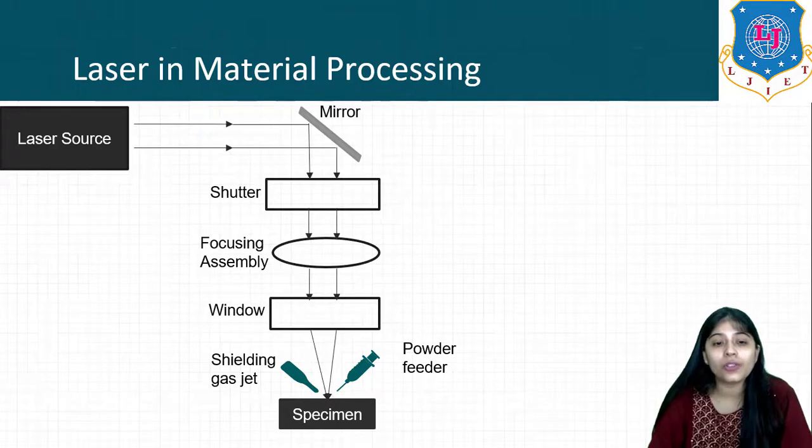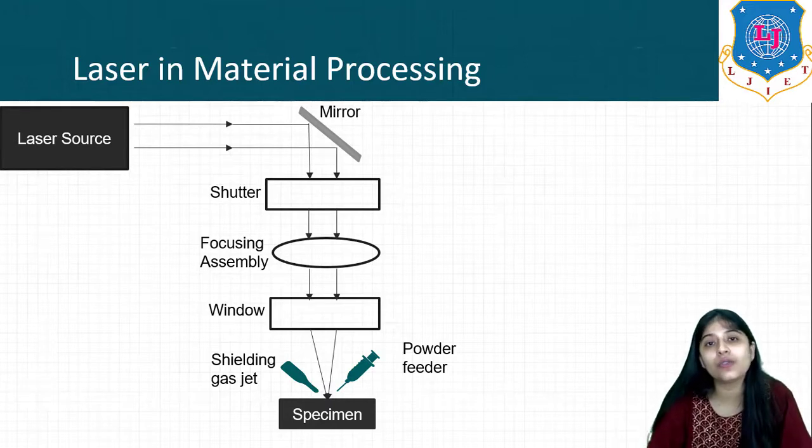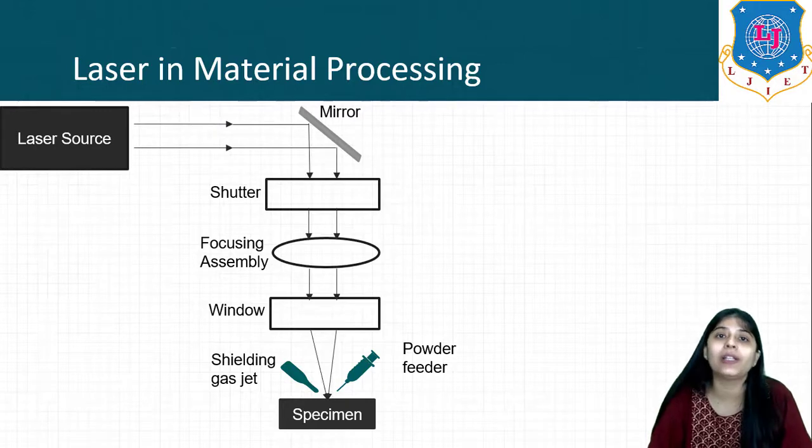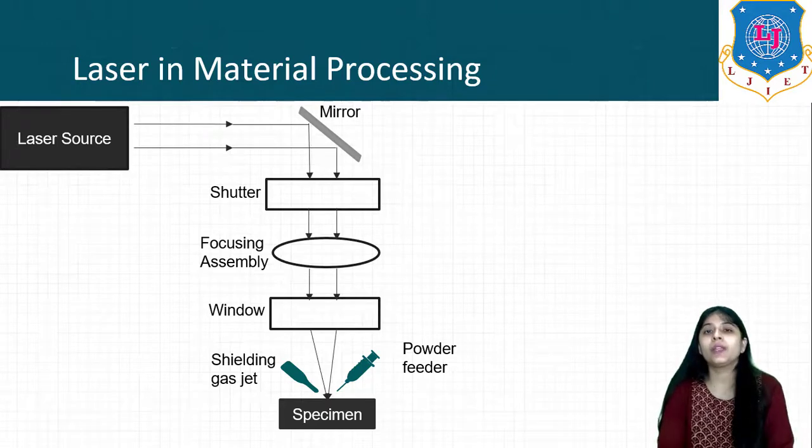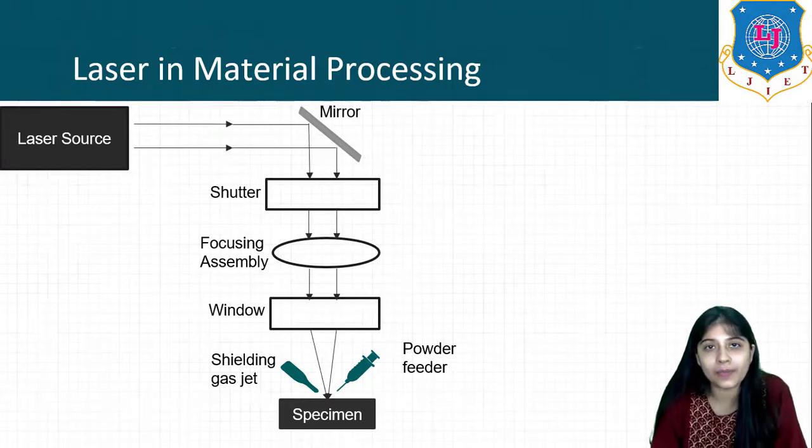Okay, so a shielding gas jet is used. There are many purposes of using the shielding gas jet. It is used to remove the molten material that is produced due to heat when the laser beam is focused on the specimen. It is used to remove smoke and fumes. It is used to protect the optical arrangements of the focusing assembly from the smoke that is produced from the heat produced due to the laser beam when it is focused on the specimen.